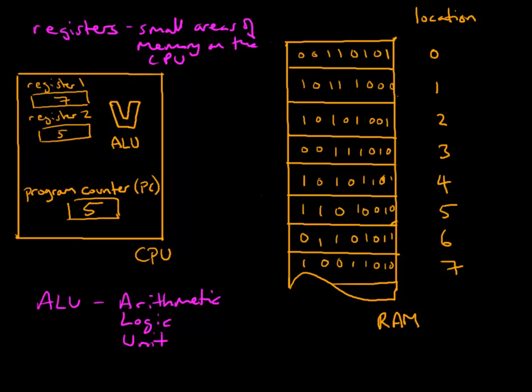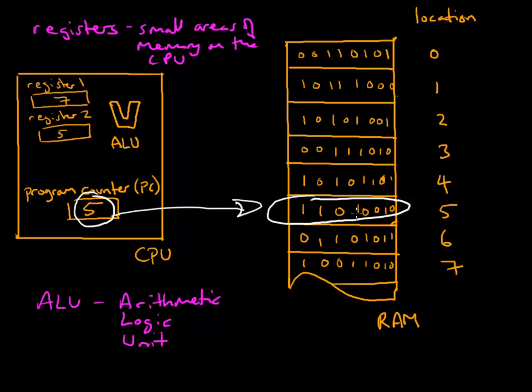And so when I run this program, what's going to happen is it will first look to the program counter and it will say, oh, right, the program counter's saying 5. So I will find my next instruction over here in memory location 5. And that instruction is 110 10010.